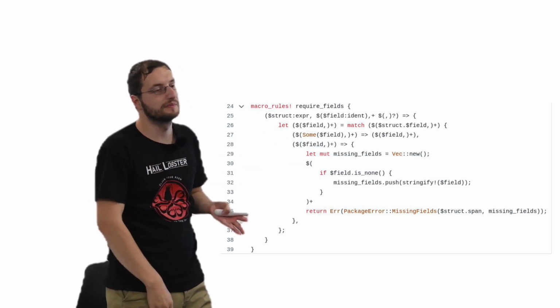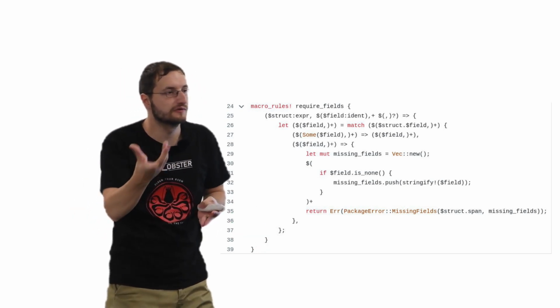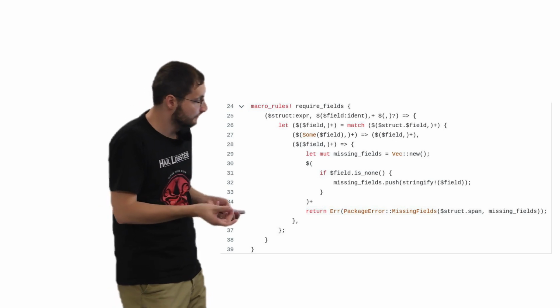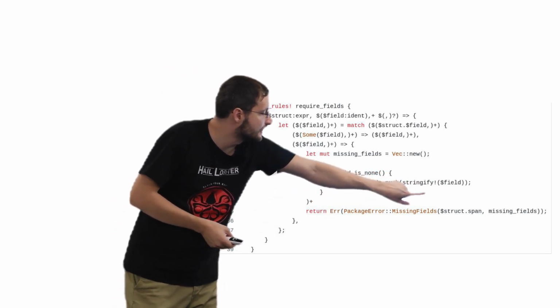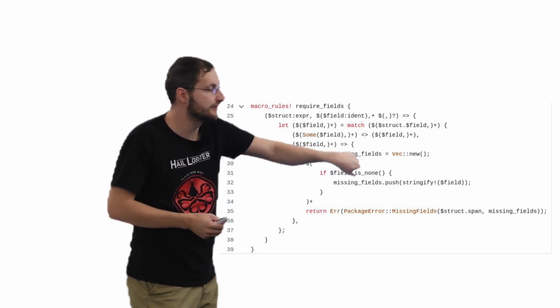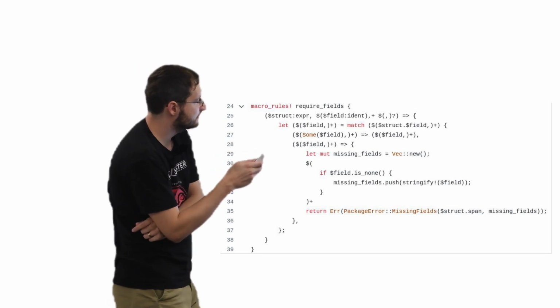There are other errors, maybe when an optional field that wasn't mandatory failed to parse, and then instead of returning this error here, you would push it to the vector and return the whole vector. So that's one thing you can do.